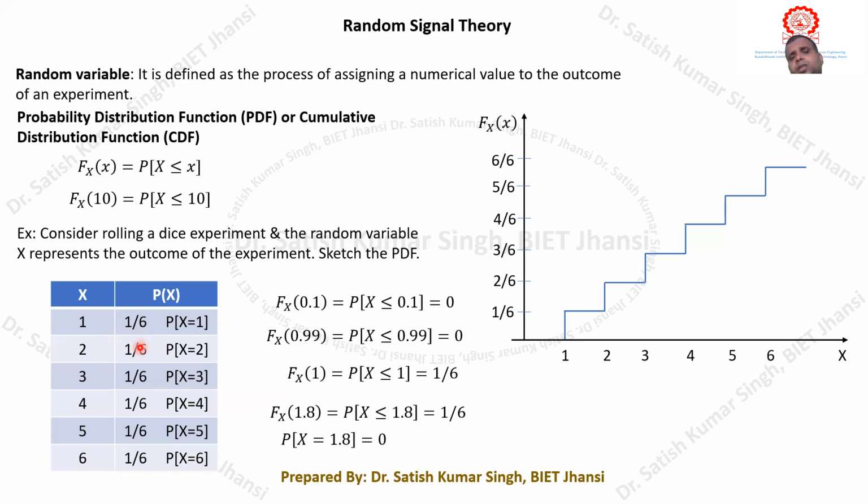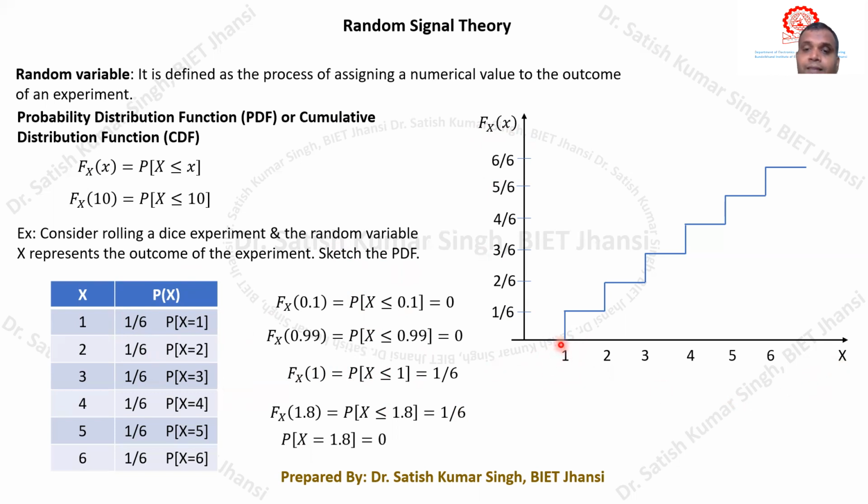So now once we understand this probability distribution, what we can do is sketch the probability distribution function. To draw this graph, first we take the random variable on the x-axis, and then we plot the probability distribution function F(x). Now try to see this function when the random variable x was less than 1.